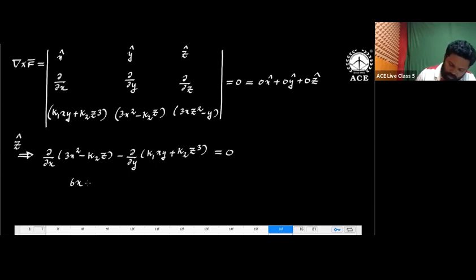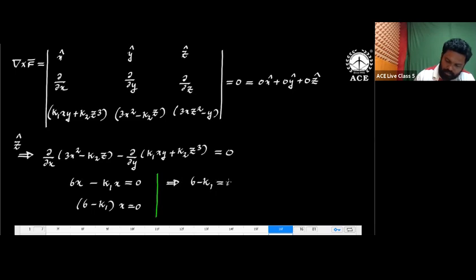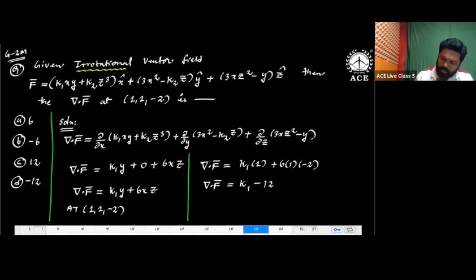So here it is 6x minus K1·x is equal to 0. 6 minus K1 is equal to 0. K1 is equal to 6.